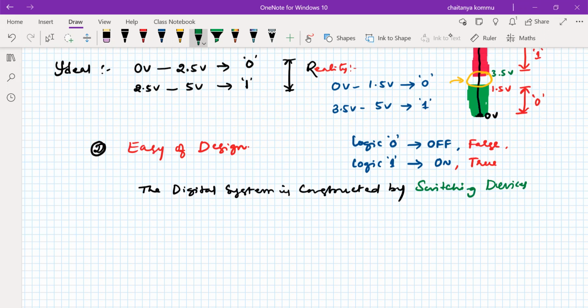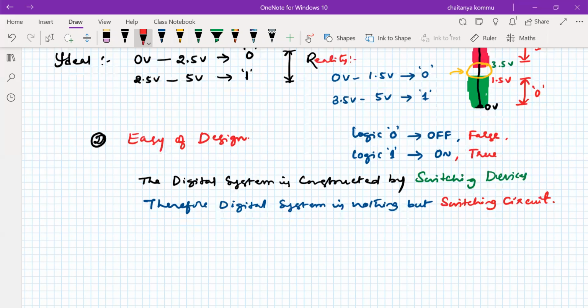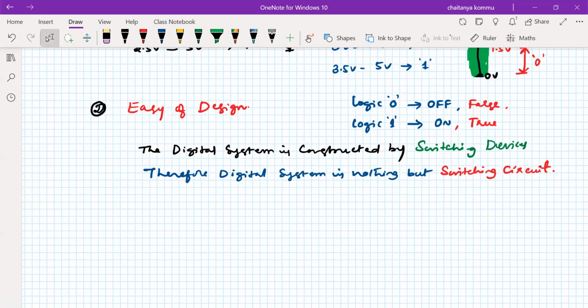Therefore, I can simply write, a digital system is nothing but a switching circuit. Clear? That's the reason that whenever we have a switching circuitry, the design is very easy.